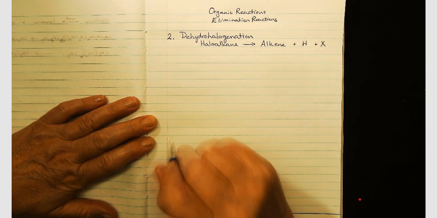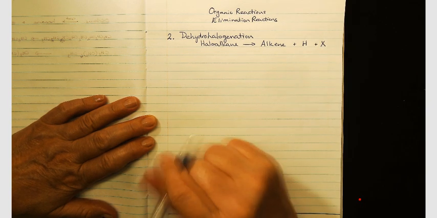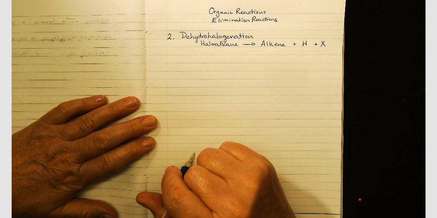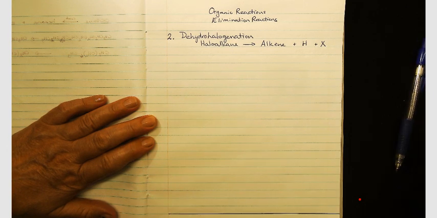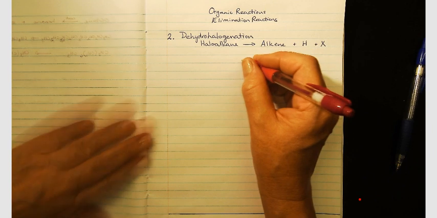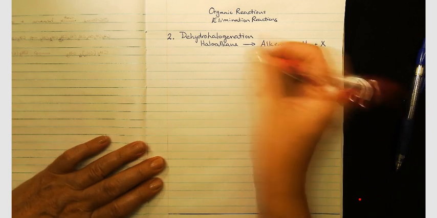And there are two reaction conditions in this elimination reaction as well. So the products, except for the alkene, the byproducts, might be different in different situations.